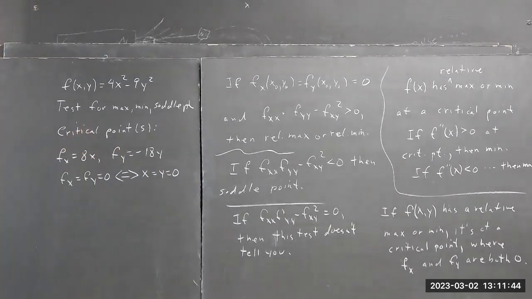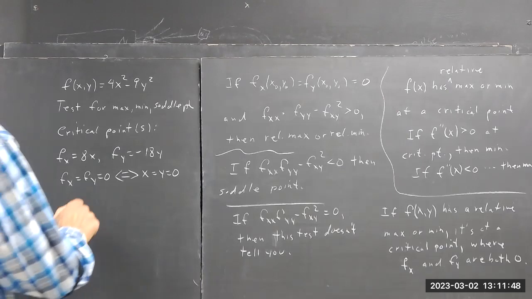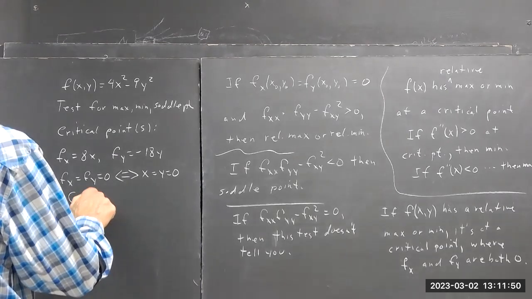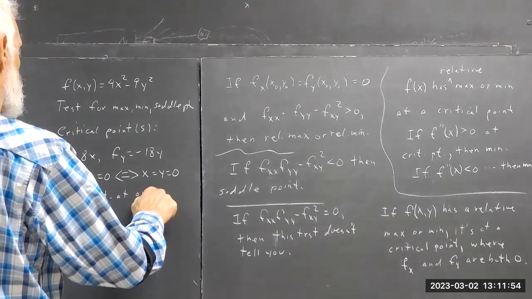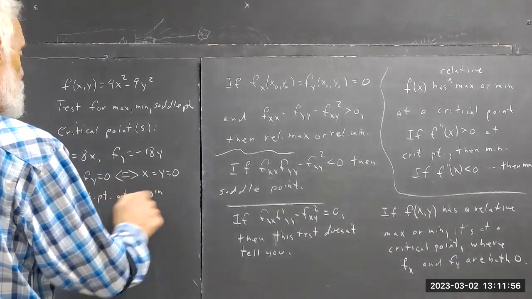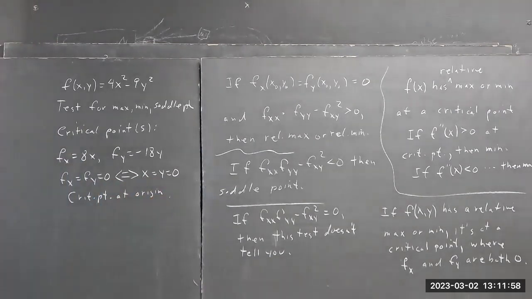The only way those are both 0 is if x and y are both 0. So there's only one critical point, and it's at the origin.